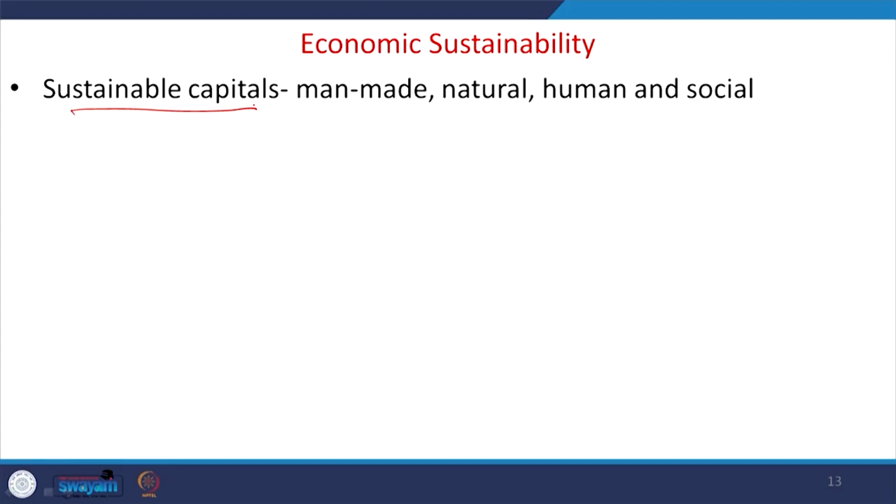Economic sustainability is expressed in terms of sustainable capitals like man-made capital, natural capital, human capital and social capital. So how all these forms of capital can be sustained, can be maintained throughout the time. So here we can say that sustainable use of renewable natural resources can be produced if economic sustainability is maintained.